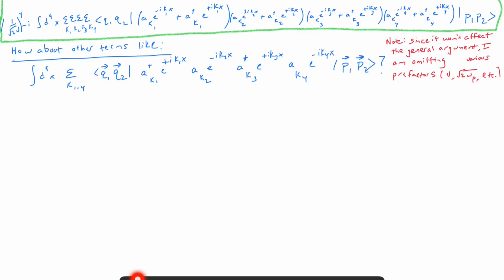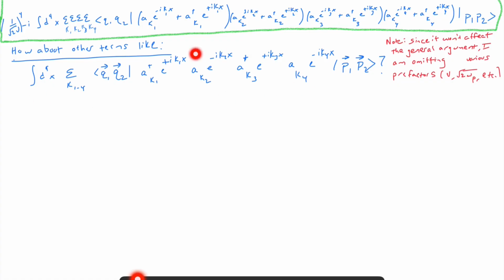Okay, so we talked about the fact that we needed our terms to always have two A daggers and two A non-daggers, two creation, two destruction operators. In the previous calculation, we showed the result when we have A dagger, A dagger, and then A and A. What about other things where you still have two A daggers, but they're not exactly in the same order as what we talked about before?